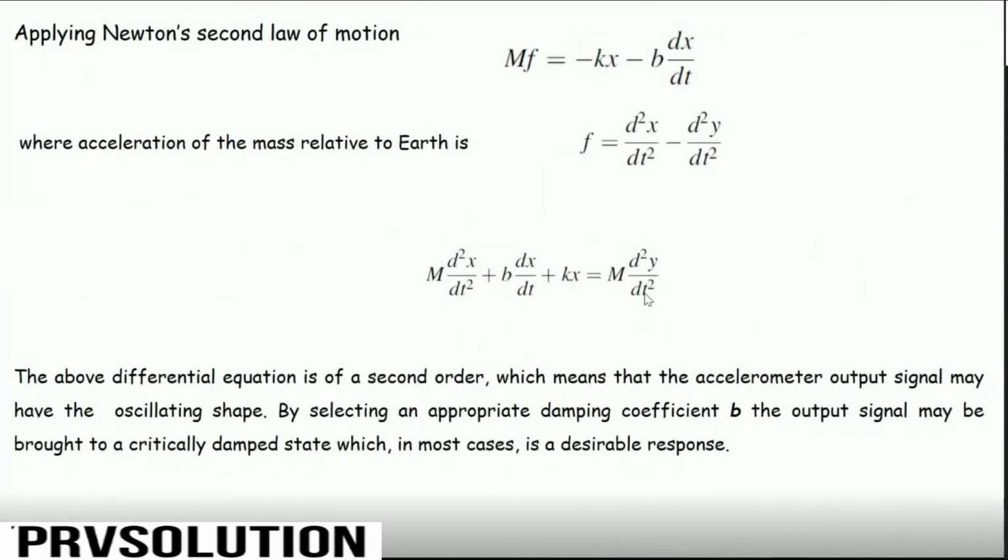Similarly, we may take examples from electrical elements and thermal elements, and depending on the elements used in a sensor device, we can mathematically model it. But here, we will not go into the mathematics of that.